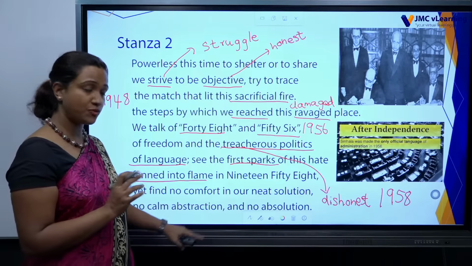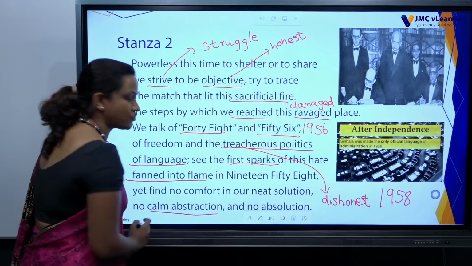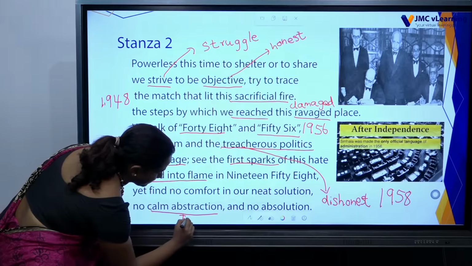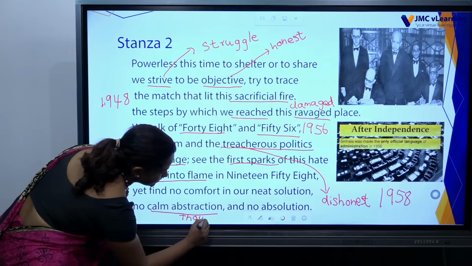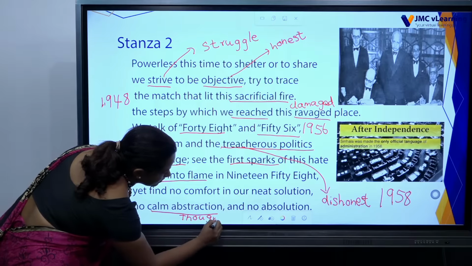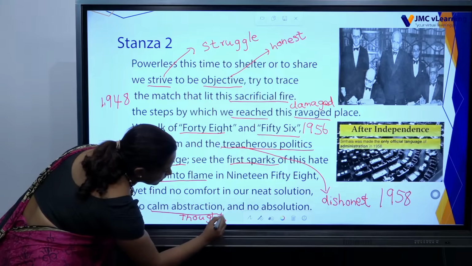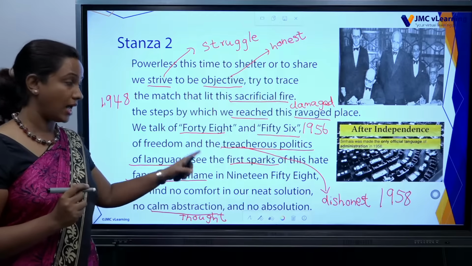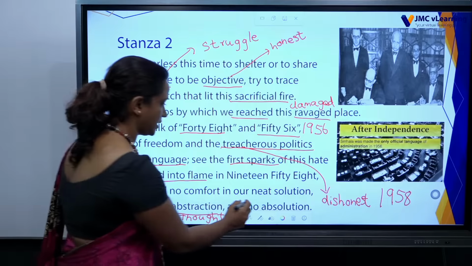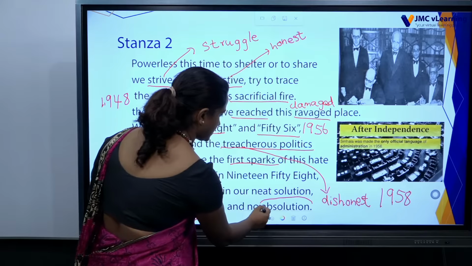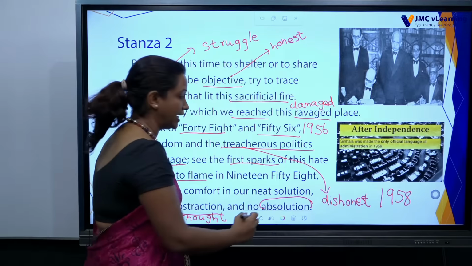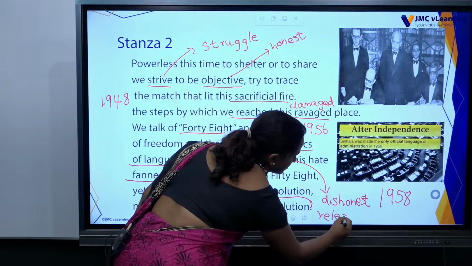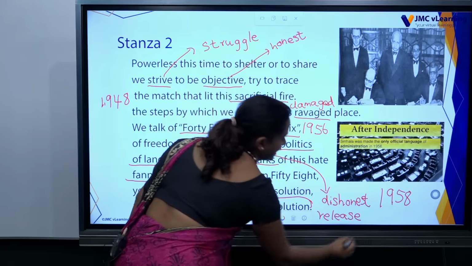No calm abstraction. Abstraction means thought. No calm abstraction or thought, and no absolution. Absolution here is a release.